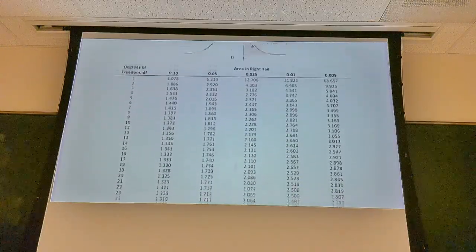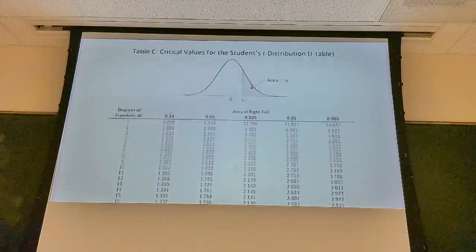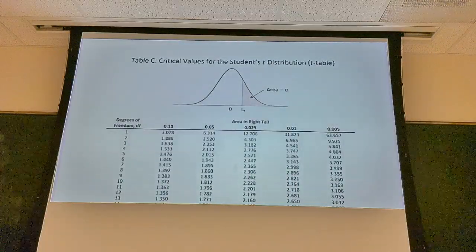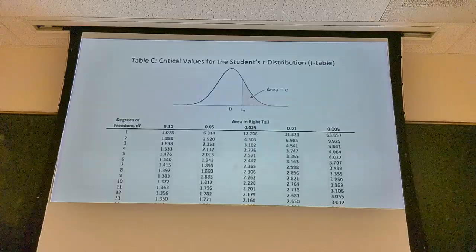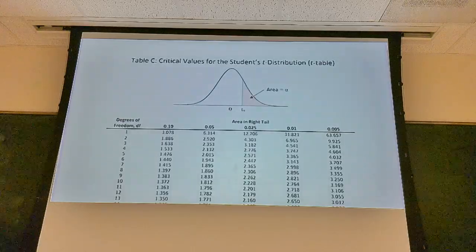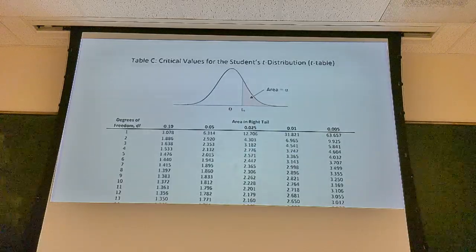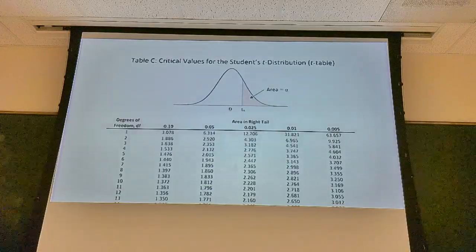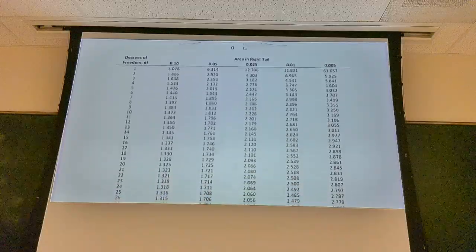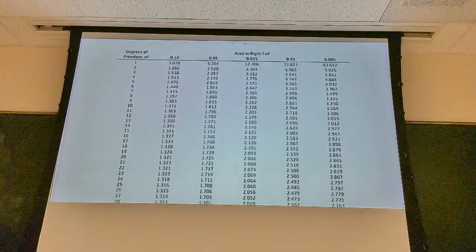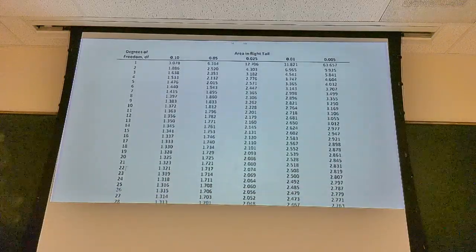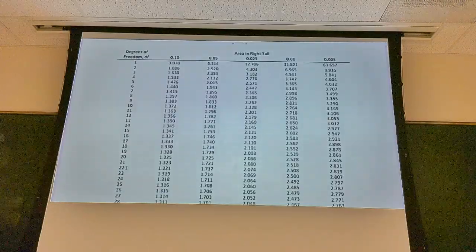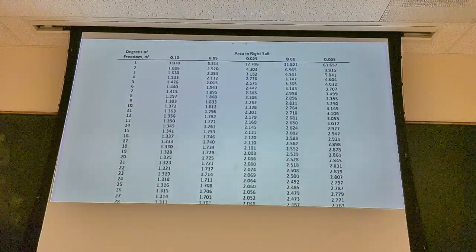What was our degree of freedom for this problem? I think it was 22, wasn't it? Yes. So what we need to do is come down to the degree of freedom 22, which is right here. And our alpha was what?